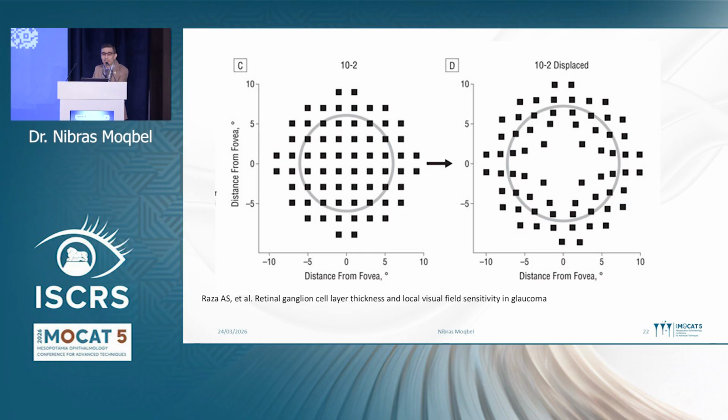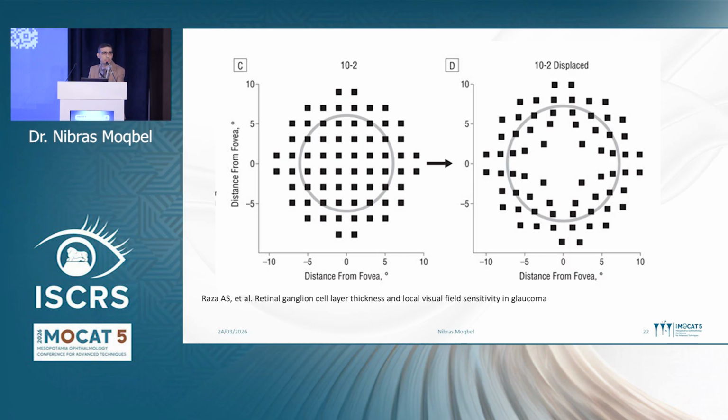One thing you may notice here, for the 24-2, only 4 points cover the macular ganglion cell layer, which may not always be sufficient to detect subtle loss of the ganglion cell layer. This is different from the conventional ganglion cell layer clock hour probability map that we usually see.